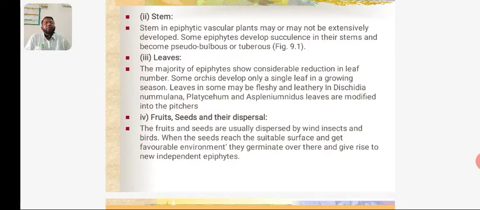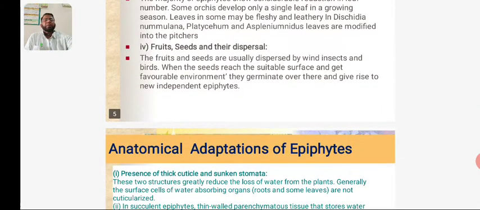The fruits and seeds are usually dispersed by wind, and sometimes by insects and birds. When these seeds reach a suitable surface and get a favorable environment, they germinate there and give rise to a new independent plant, that is an epiphyte.